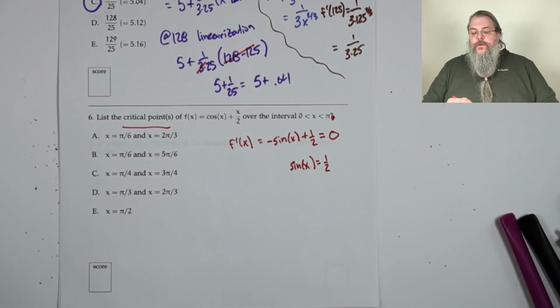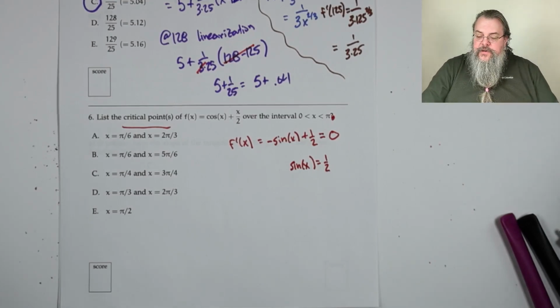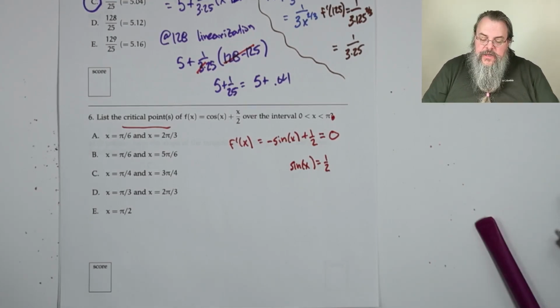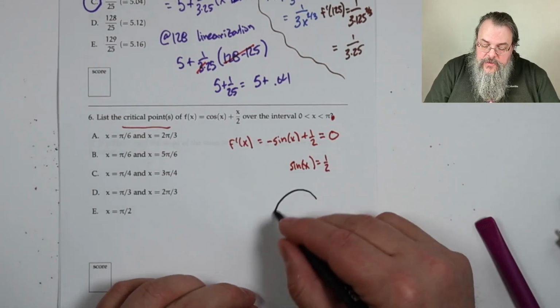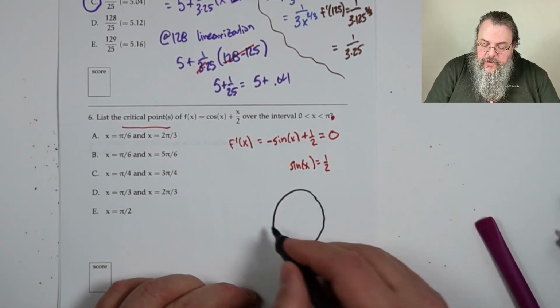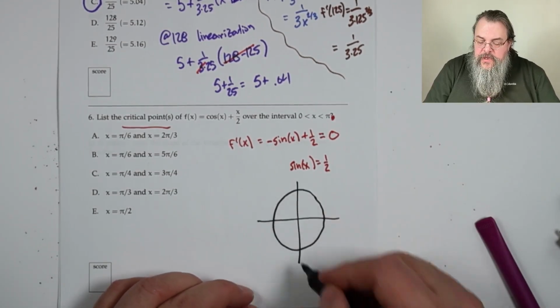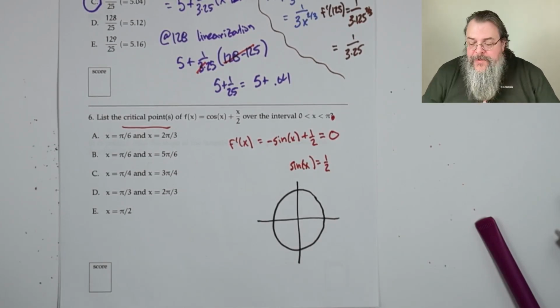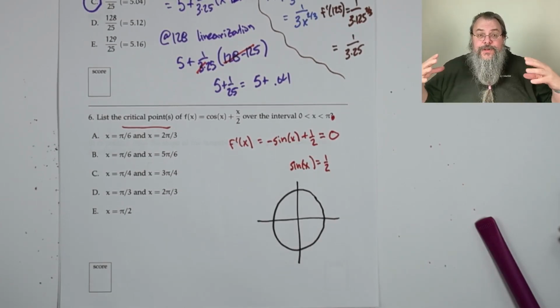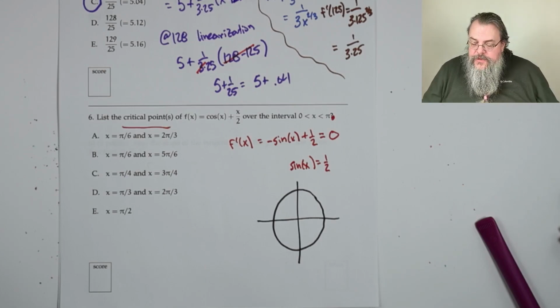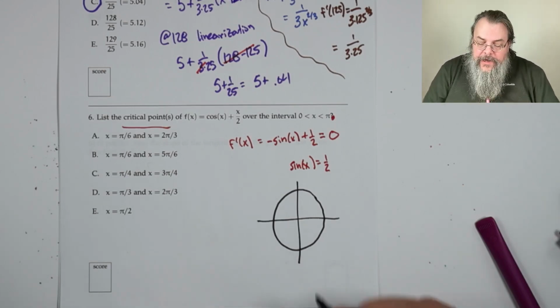All right, well, let's pull out our unit circle for a second and think about what's going on. So we draw ourselves a quick circle. Now, what does sine correspond to in terms of the unit circle? It corresponds to the y values.